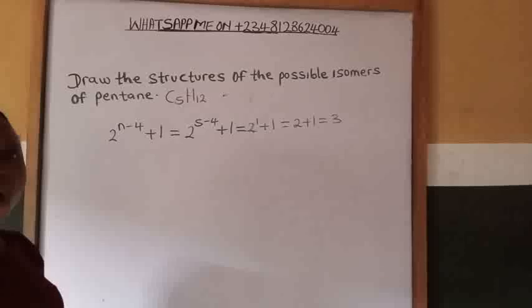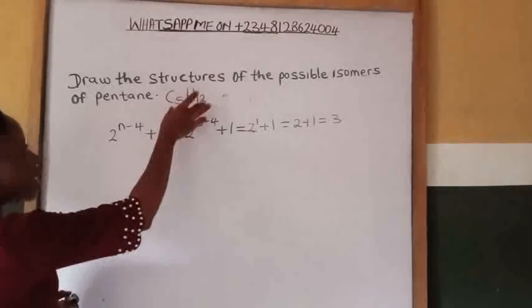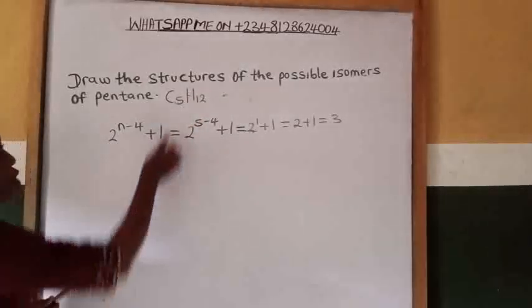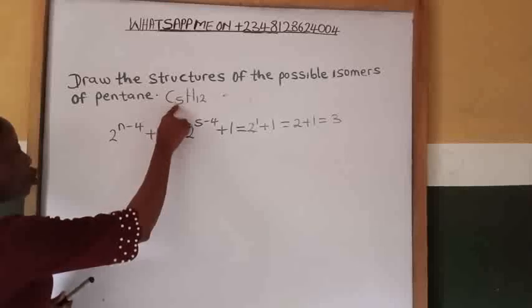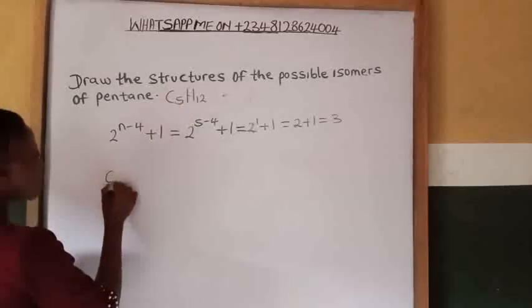So what will be the first structural formula? What will be the first isomer? The first isomer will be the normal structure of pentane. You are going to join these carbon atoms together with covalent bonds.